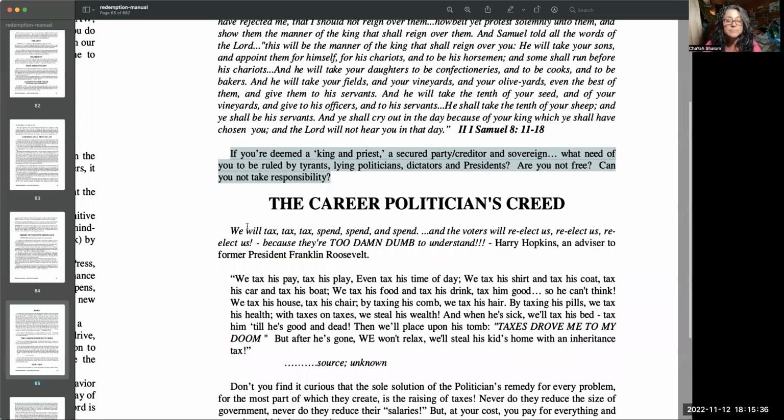The career politician's creed: We will tax, tax, tax, spend, spend, and spend, and the voters will re-elect us, re-elect us, re-elect us, because they're too damn dumb to understand. Harry Hopkins, an advisor to former President Franklin Roosevelt.